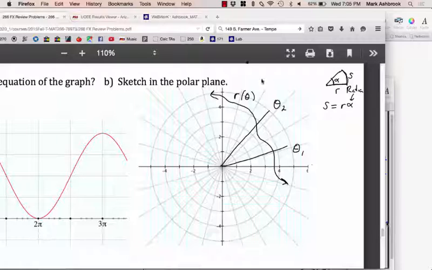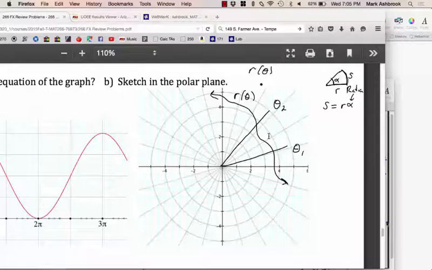But now if r is a function of theta, what's that going to mean? It's going to be all the area from the curve into the pole, right? So it's going to be this region right here that we're interested in. As we sweep from theta 1 to theta 2, how much area is there from r down into the pole? That's analogous to from the y coordinate down to the x-axis.